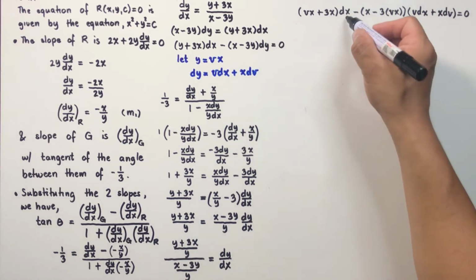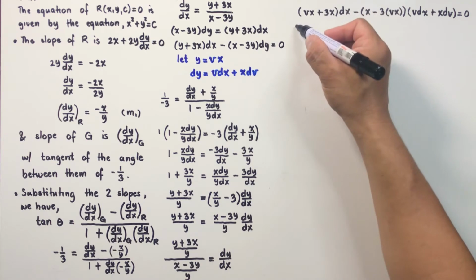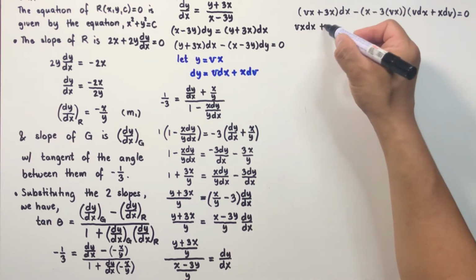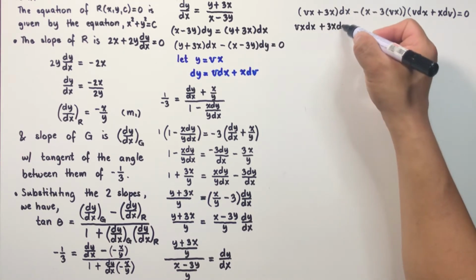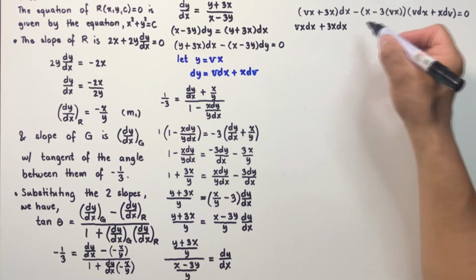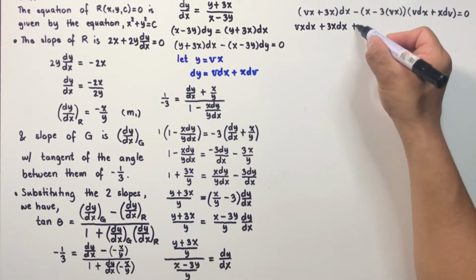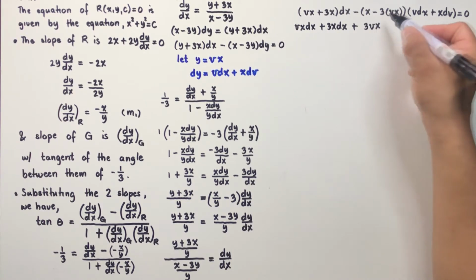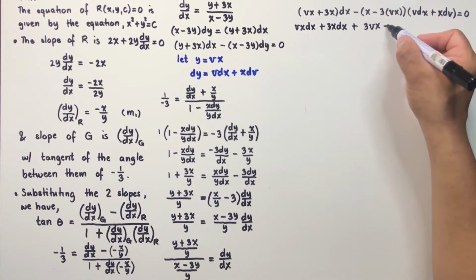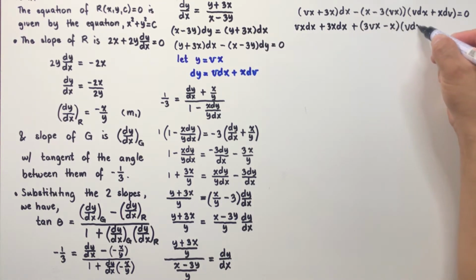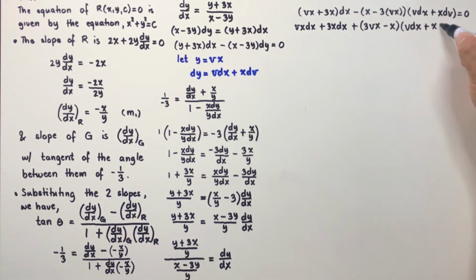So distributing this dx to these two terms, we have vx dx plus 3x dx. And we'll distribute this negative to this binomial here. So this becomes plus 3vx. So this becomes positive and this x becomes negative times (v dx plus x dv) here.